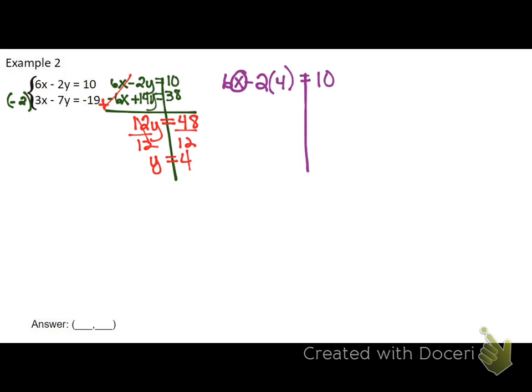So I have 6x minus 8 equals 10. Now what? Plus 8. Okay, now 18. And x is going to equal 3. So my solution is 3, 4.